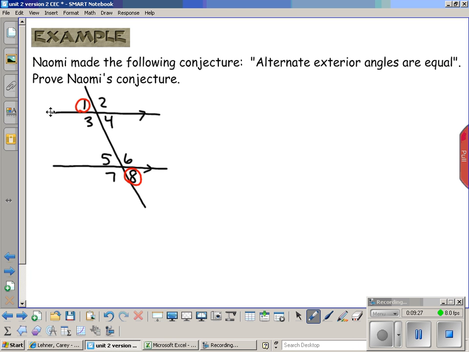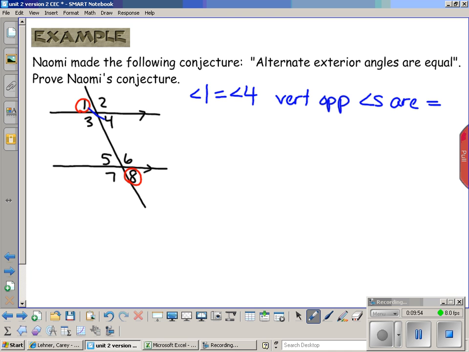So there are a couple of ways that we could get there. Think about what we already know. Think about what we know about vertically opposite. Think about what we know about corresponding. We already know angle 1 equals angle 4, and we know this because they are vertically opposite angles, and they are equal.